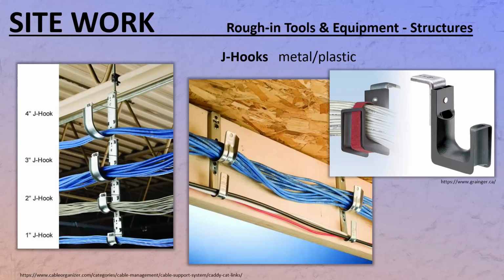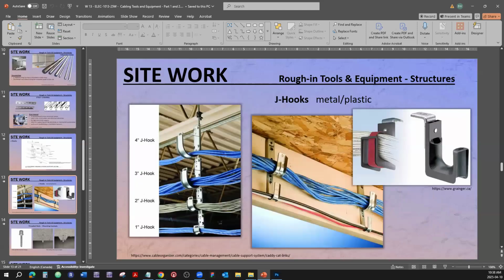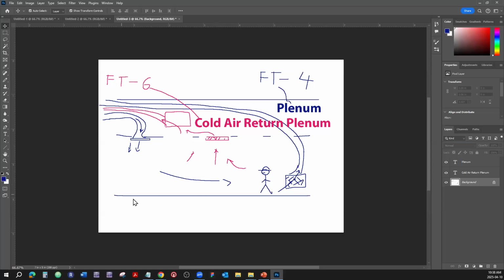Sorry, I'm mixing up terminology. If there's a wire that you need to run around the corner, this over here is called a macrobend.